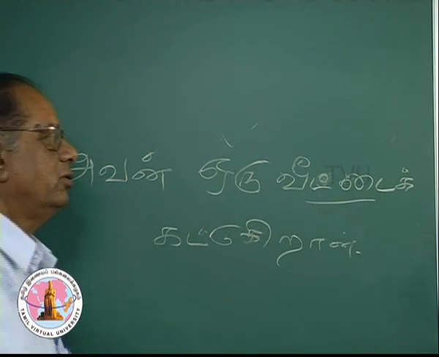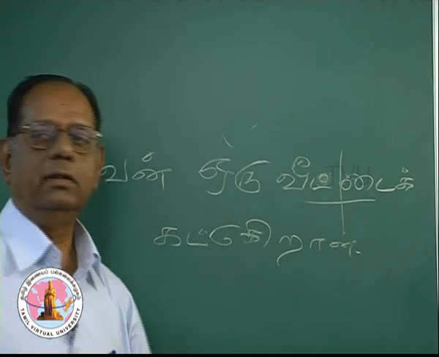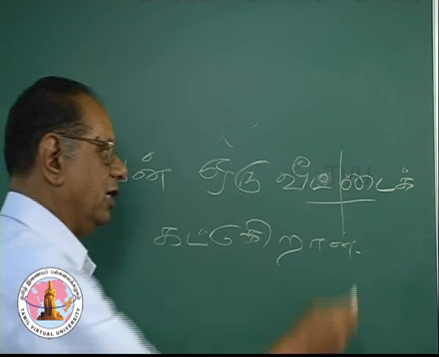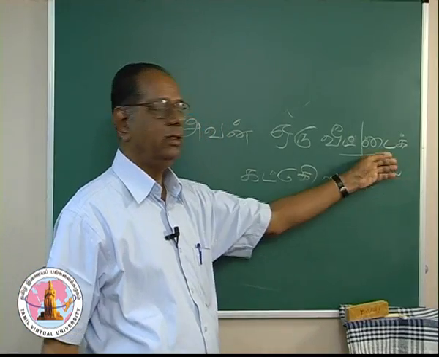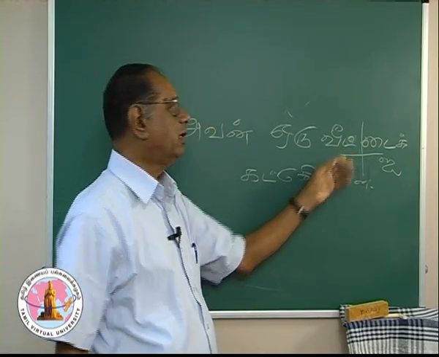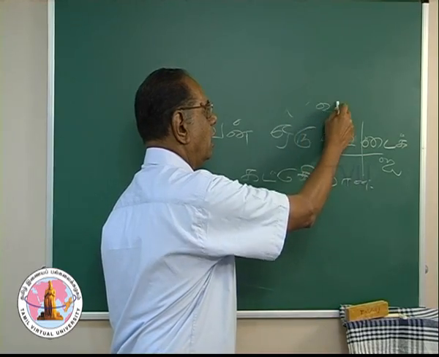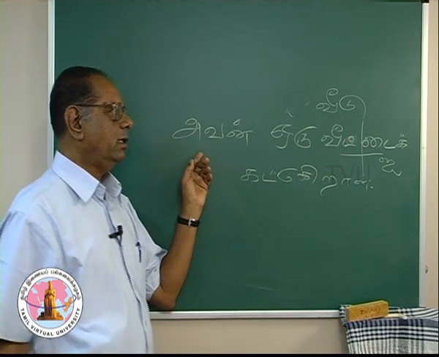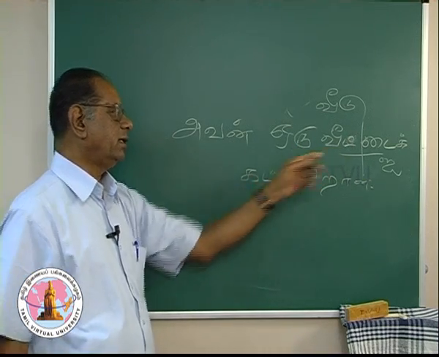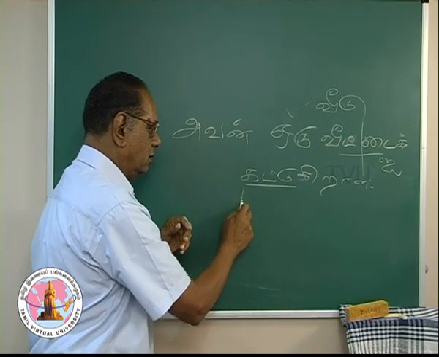You must be able to separate the case marker. The case marker is I. So, naturally, what will be the original form of the word? அவன் ஒரு வீட்டை கட்டு.